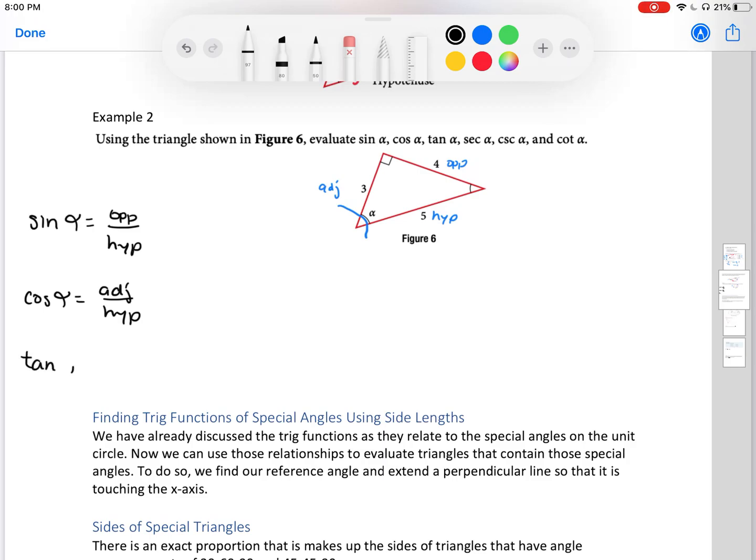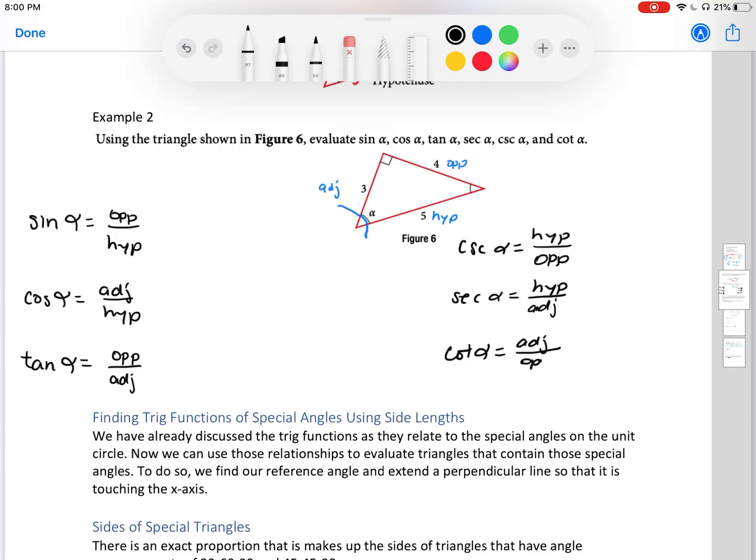Tangent alpha equals opposite over adjacent. And our reciprocals would be: cosecant alpha is hypotenuse over opposite. Secant alpha is hypotenuse over adjacent. And cotangent alpha is adjacent over opposite. Okay, we label our sides. Now it's just a matter of inputting them in.